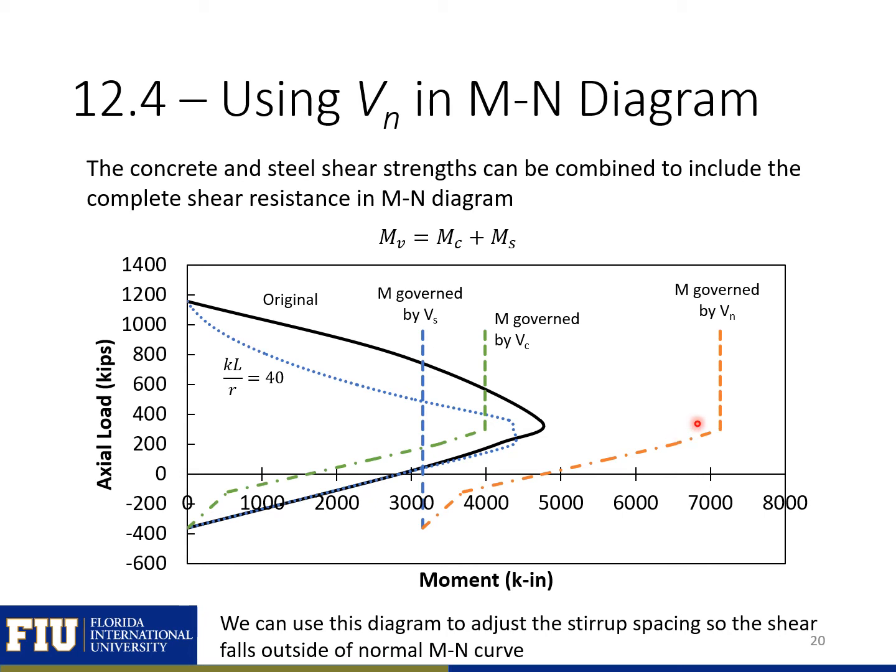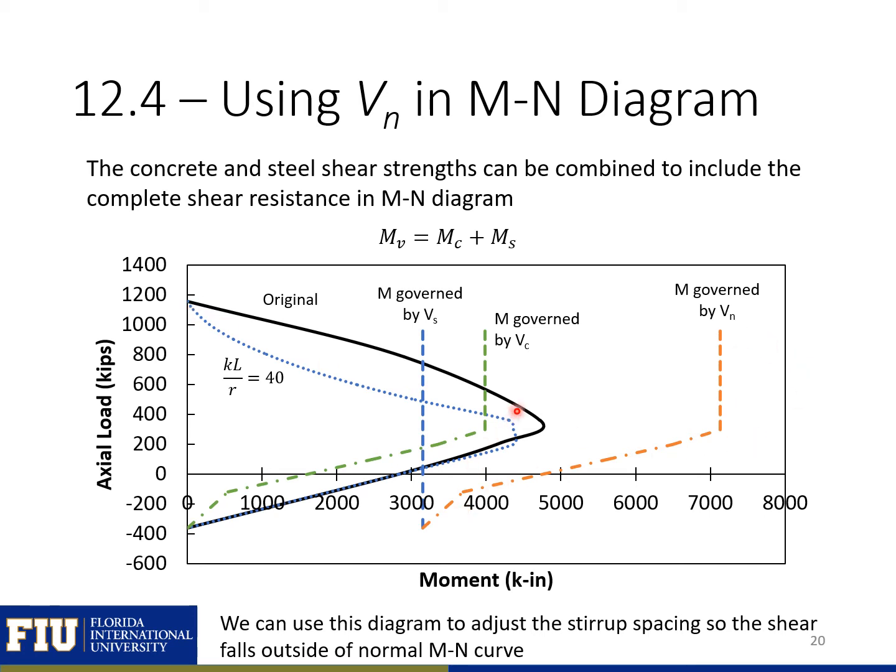So if we just have a static shear, then we have a V sub N outside of our moment axial force interaction diagram. We know that when we apply a lateral load, we're going to have hinging at the ends of the columns before shear controls.